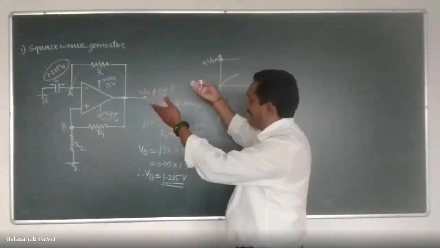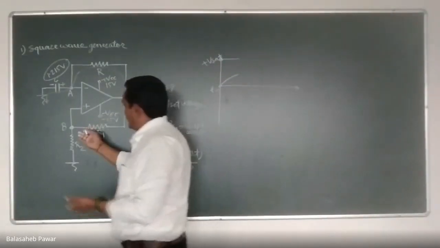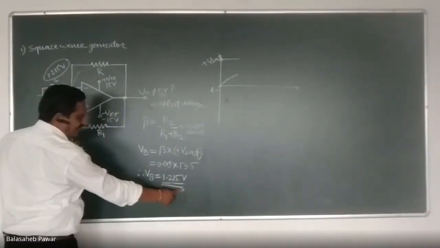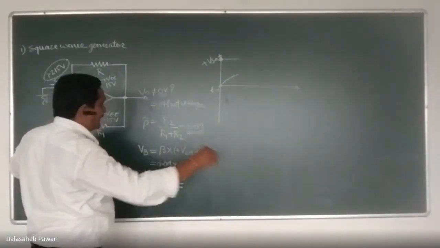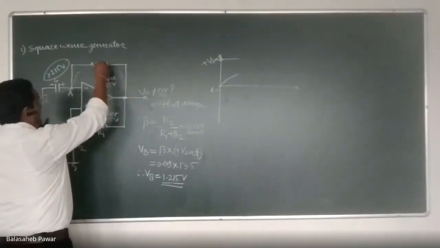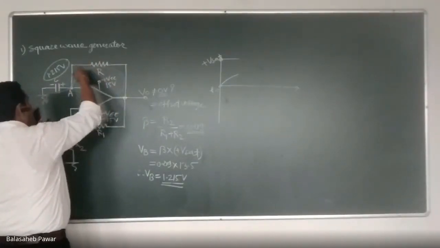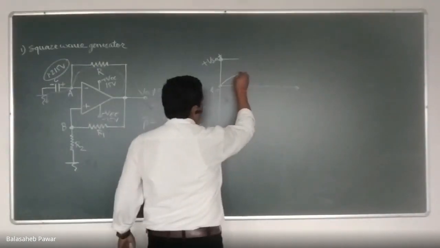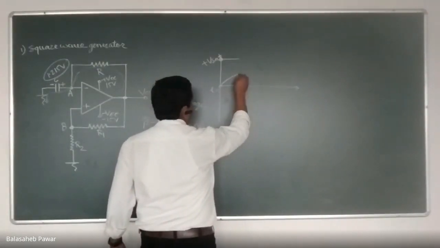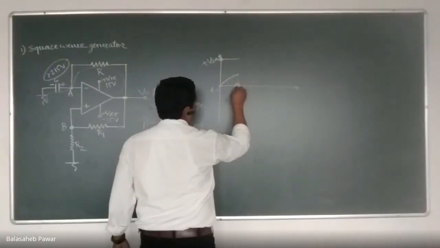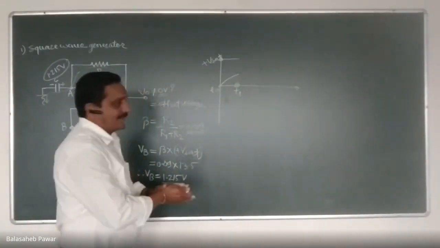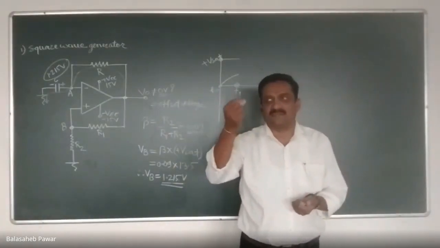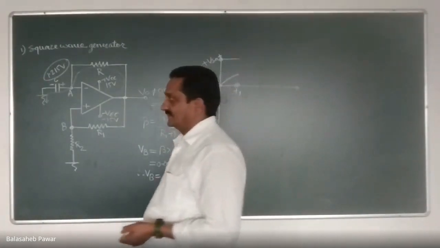By that plus Vsat output, this node voltage gets generated at 1.215 volts. At the same time, this capacitor also starts to charge through this feedback resistor. I will consider at time T1 over here, that capacitor will have a charge equal to 1.215 volts.